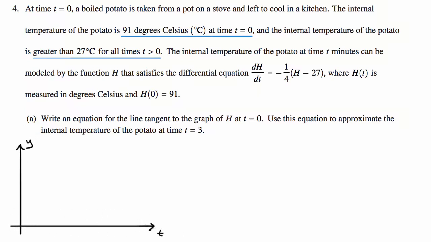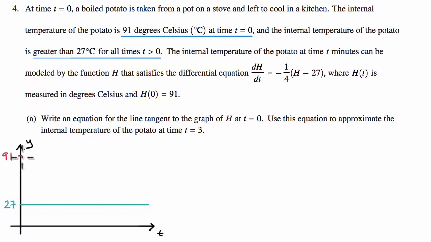Now, if the ambient room temperature is 27 degrees Celsius, so I'll just draw there. That's what the room temperature is doing. And so we know at t equals 0, our potato is at 91 degrees. So that's 27, and 91 might be right over there. This is all in degrees Celsius. And what you would expect intuitively is that it would start to cool.